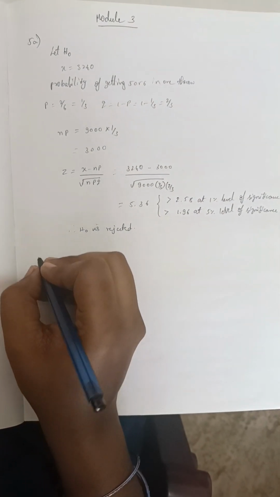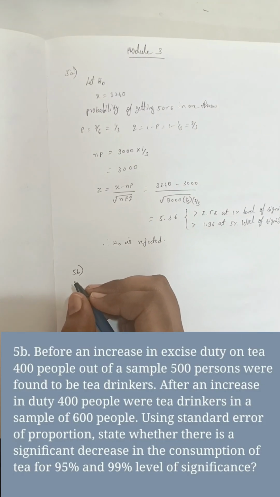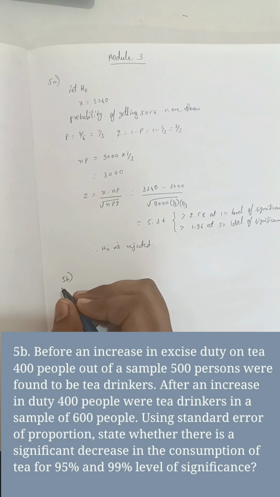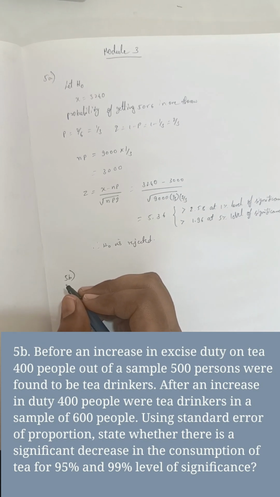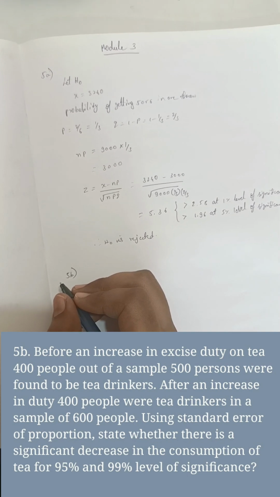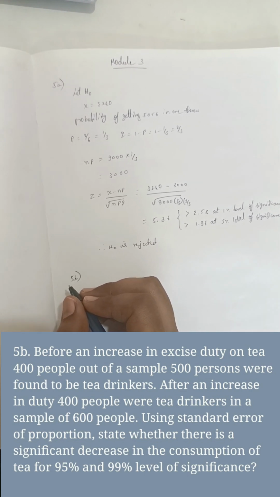Next, 5b. Before an increase in excise duty on tea, 400 people out of a sample of 500 persons drink tea.